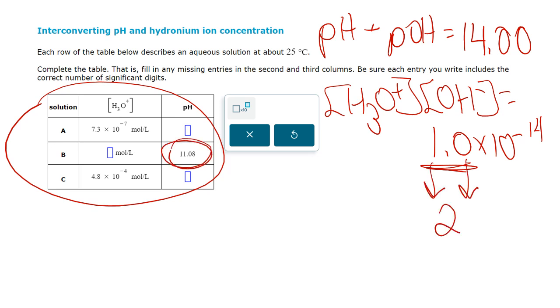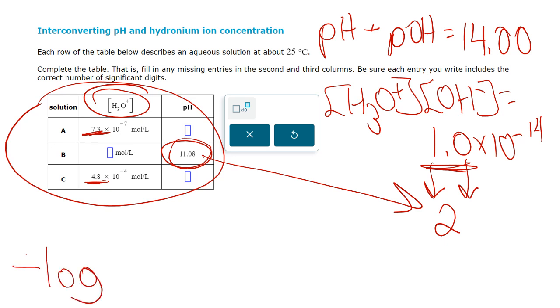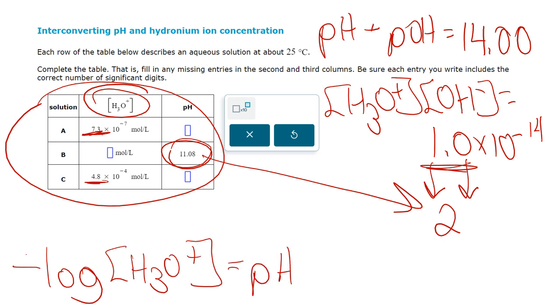Whereas here, that pH has 2 decimal places. Because the amount of decimal places is equivalent to the amount of sig figs in the question, so we got 1, 2, 1, 2. And simply H3O plus is also the same as H plus. So in a sense, negative log of H3O plus equals pH. Just like negative log of H plus is pH.